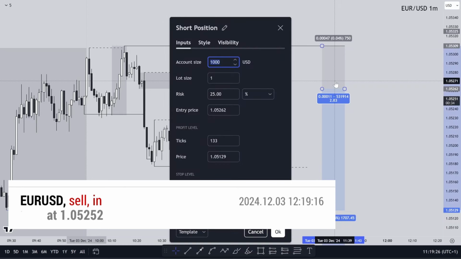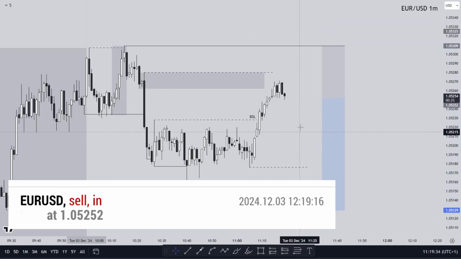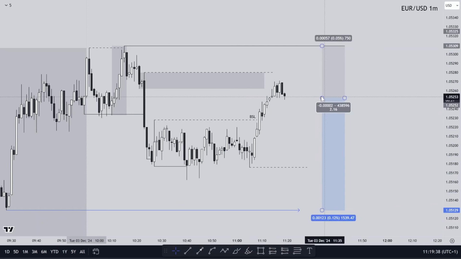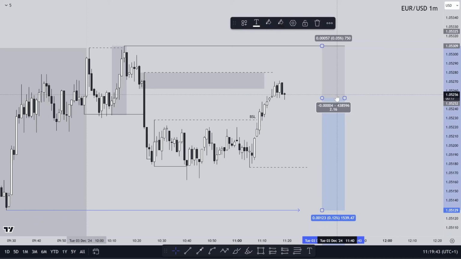I enter 1.05252. Maybe notice that the price of the chart and the price of the broker is a little different, but it's very similar, so it's okay.